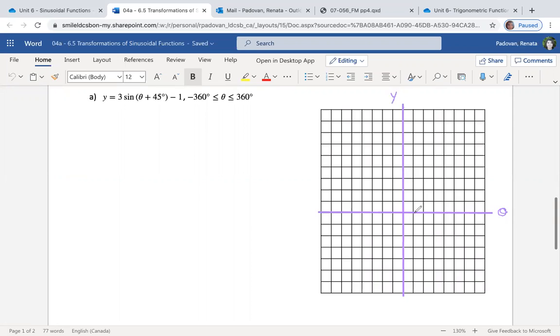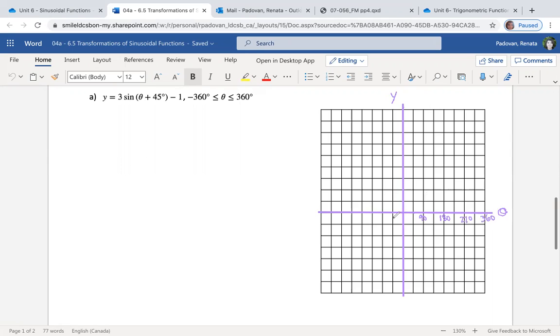So if I have 45 degrees and then 90, and then 135 and then 180, right? And then 180 plus 45, so 225, and then 270. And then 2 away from that would be 360 positive.